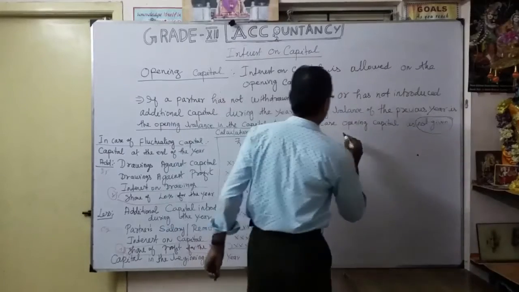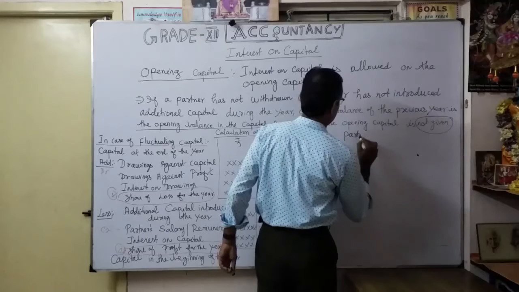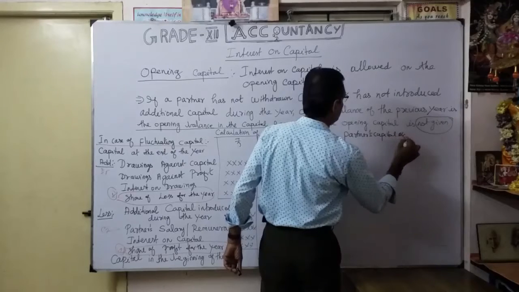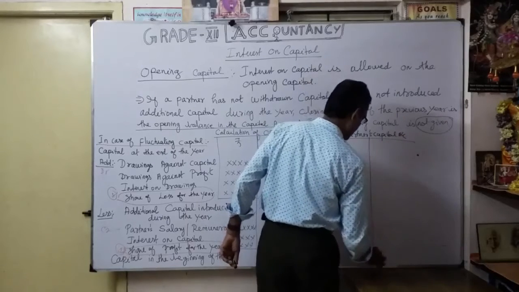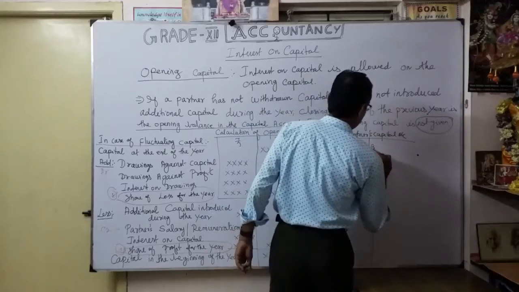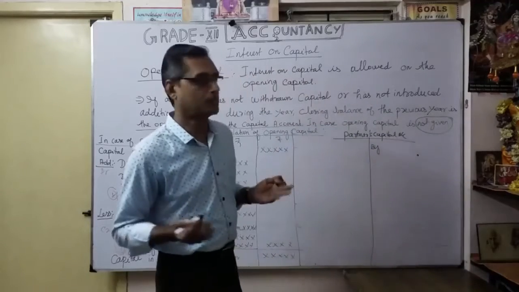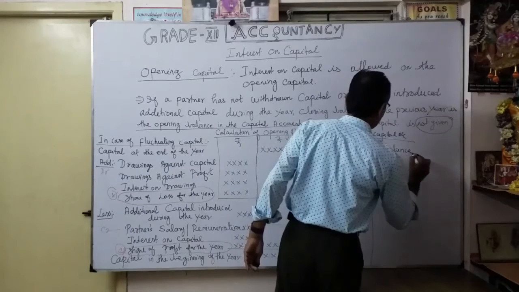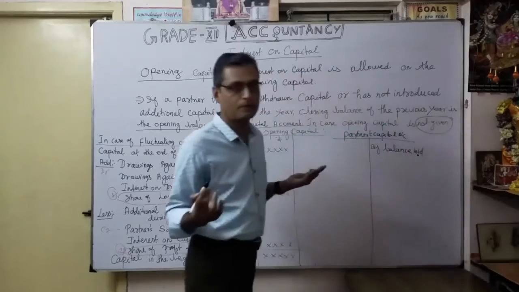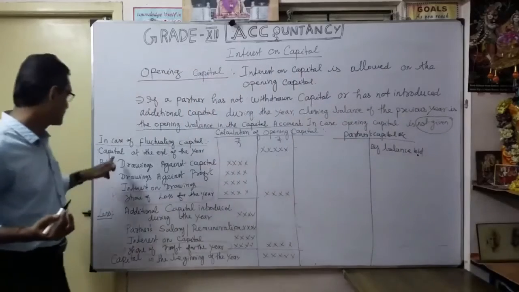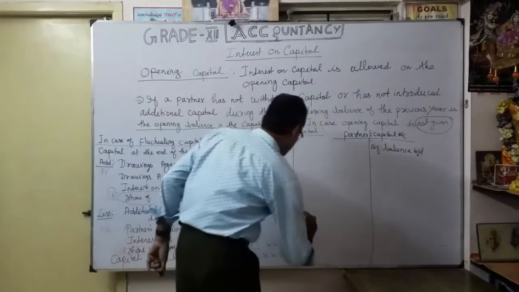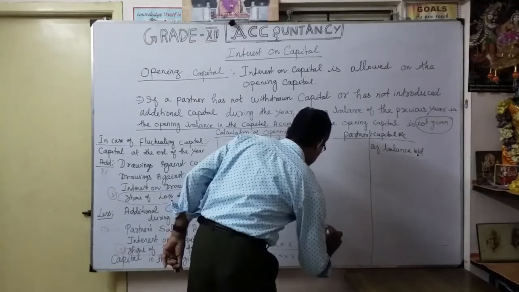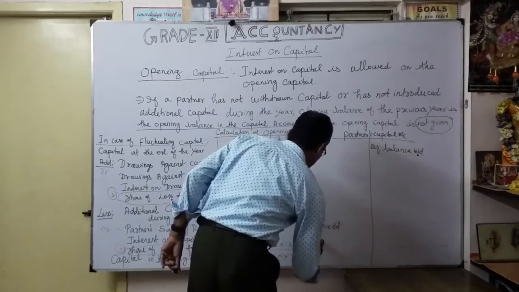According to the number of partners, we are going to make accounts. First, you want to know the opening capital, which we do not know. So by balance brought down, now we don't know. But we know the closing capital. So we are going to write to balance carried down. So this is the closing capital.